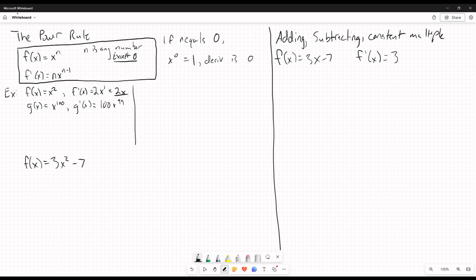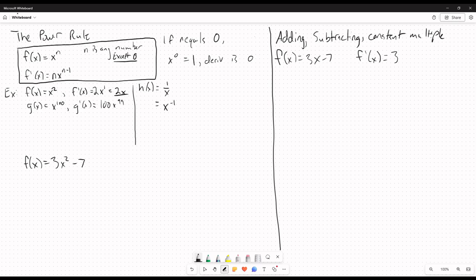Let's look at a slightly more complicated example, because not all functions look this nice. What about if we had something like h of x equals 1 over x? You might look at that and say, that's not x to a power. Well, it kind of is. 1 over x is just the same as x to the power of -1.